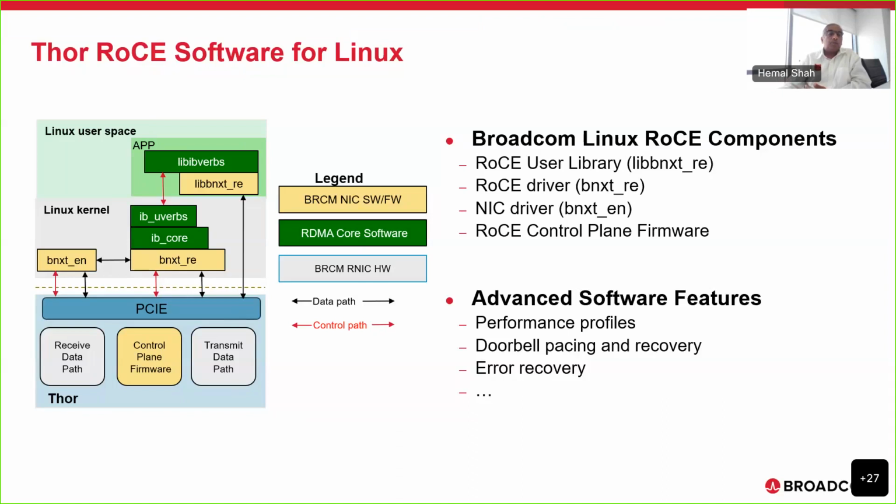In addition to what you support in your data path, these are some of the companion features that are really needed. And the last one here, there's some more, but I'll mention is error recovery. Ideally, everything works nice and well, then there's no issue. But when there's some error detected by the hardware or firmware, we have the capability to trigger a recovery from the device, and then the user mode library as well as drivers will participate in that without really impacting the application.